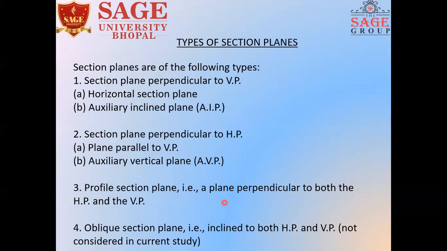The second type is the section plane perpendicular to HP. It is also of two types: plane parallel to VP, and auxiliary vertical plane, denoted by AVP. Third is the profile section plane, perpendicular to both HP and VP. And fourth, the oblique section plane, inclined to both HP and VP, but we are not considering it currently. So these are the basics used in this slide.